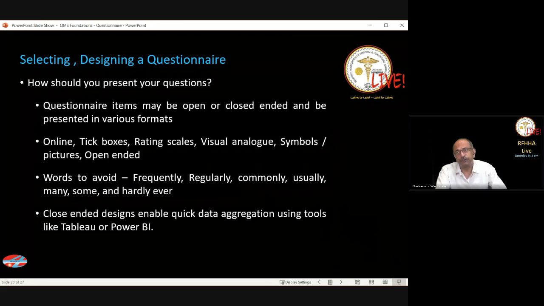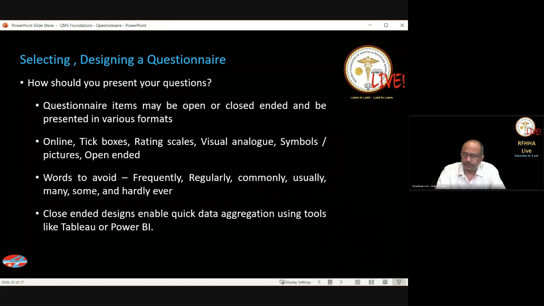The next issue to address while designing a questionnaire is, how should you present your questionnaire? A questionnaire item can be open or closed-ended, and they can be presented in various formats. So you can have online, tick boxes, rating scales, visual analog, symbols, pictures, or open-ended.